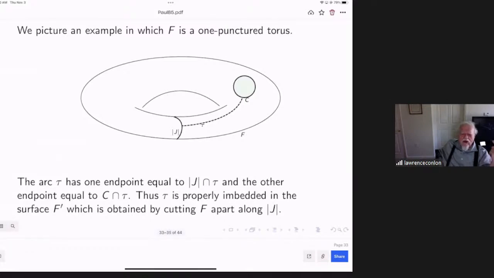I've also added an arc, a dotted line. It has one endpoint where it intersects the support of the juncture, the other endpoint where it intersects C. If I cut F apart along the support of the juncture, I get an F prime, in which tau is a properly embedded arc.